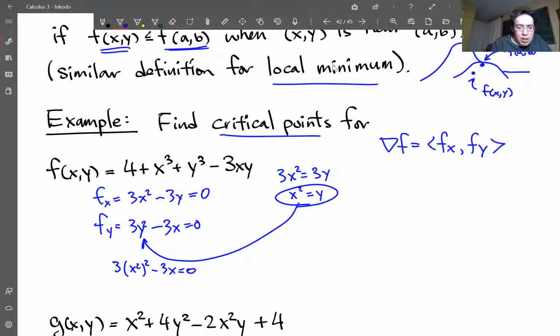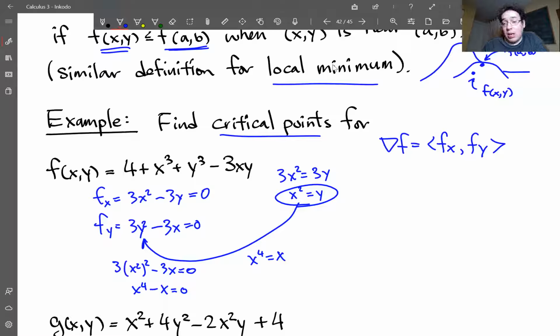Both of these terms have a 3 with them, so I'm just going to divide both sides by 3. If I bring x to the other side, I get x to the 4 is equal to x.